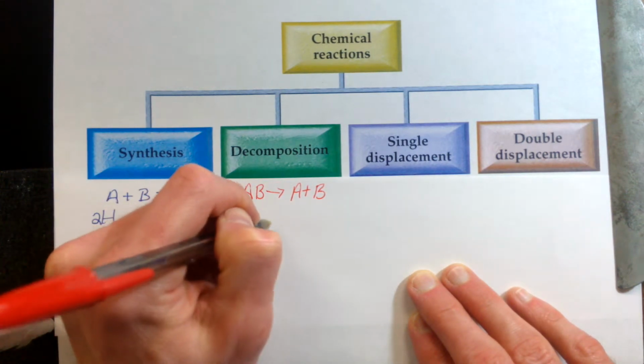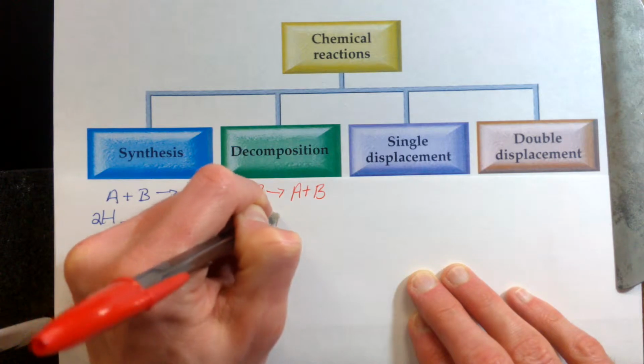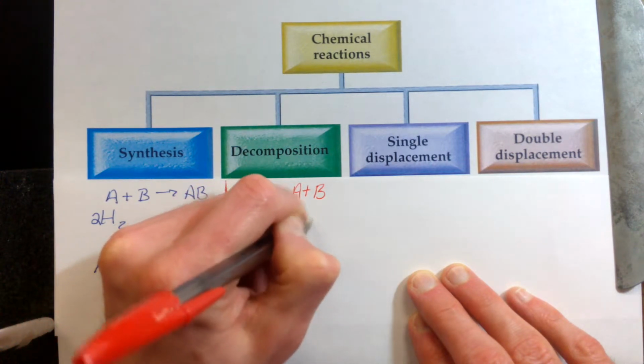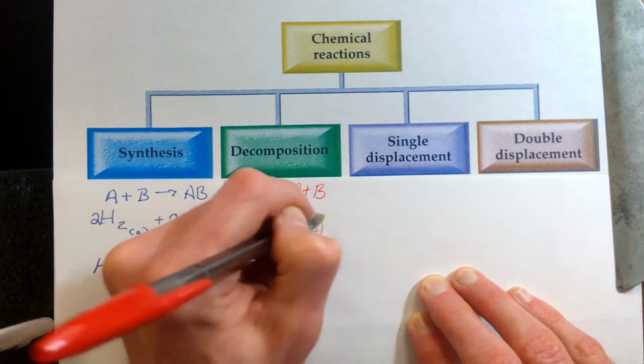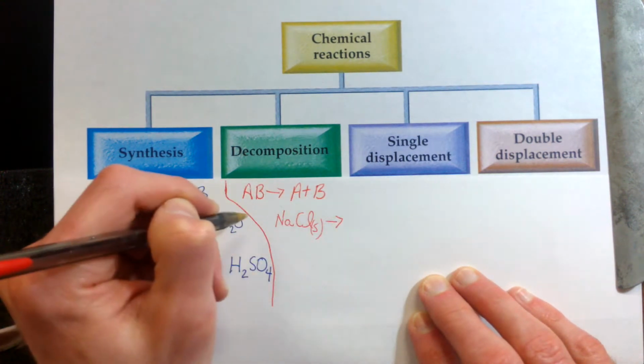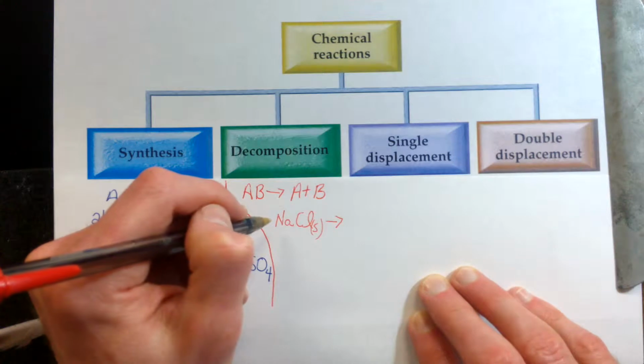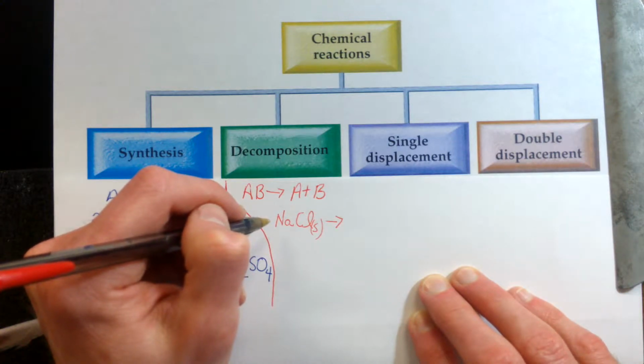Okay, so let's say we had table salt, sodium chloride. And if we were to decompose it, with decomposition reactions, we often need electricity, some sort of energy, maybe some UV light energy source.